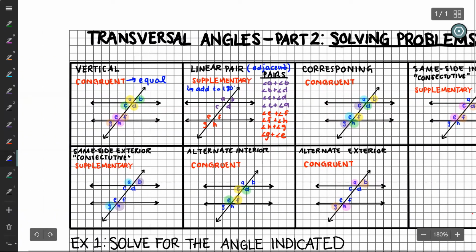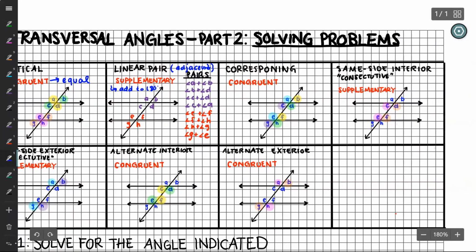Alright, next ones are our same side exterior or consecutive exterior angles. So again, we're on the same side of the transversal, except now we are on the outside of the two parallel lines. So A and G and B and H are same side exterior angles, and same side exterior angles are also supplementary.